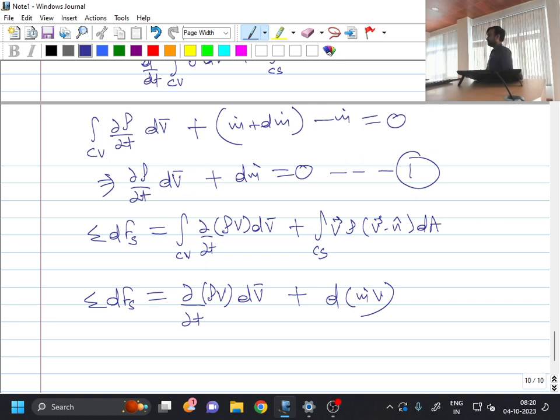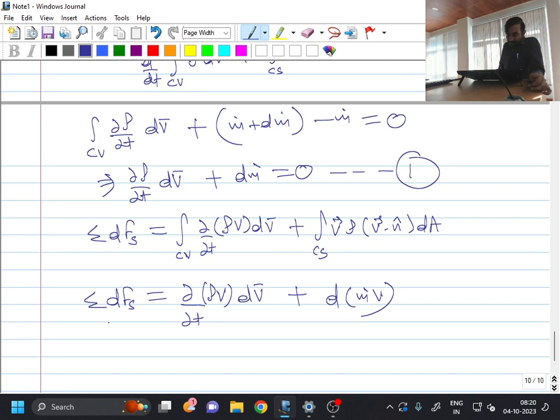This point is clear. M dot into v is the linear momentum at inlet, and m dot v plus d of m dot v is the linear momentum at outlet. So outlet minus inlet will form d of m dot v. Point is clear?